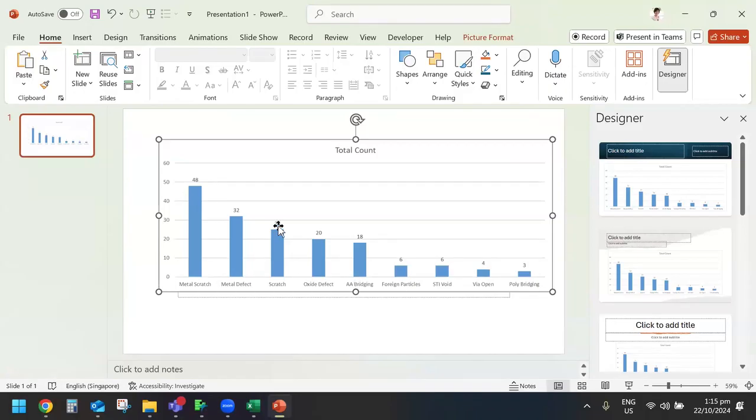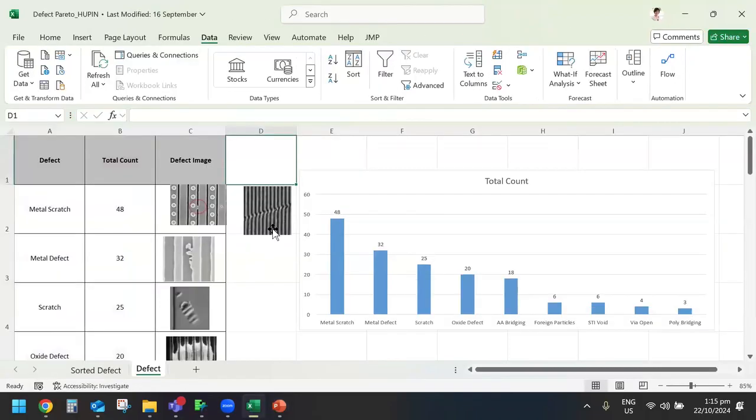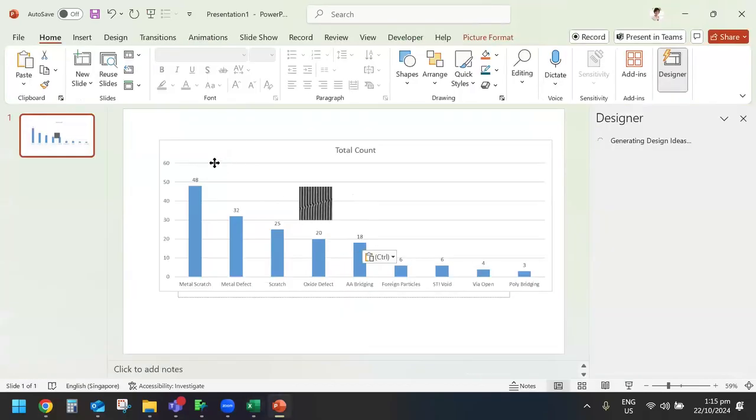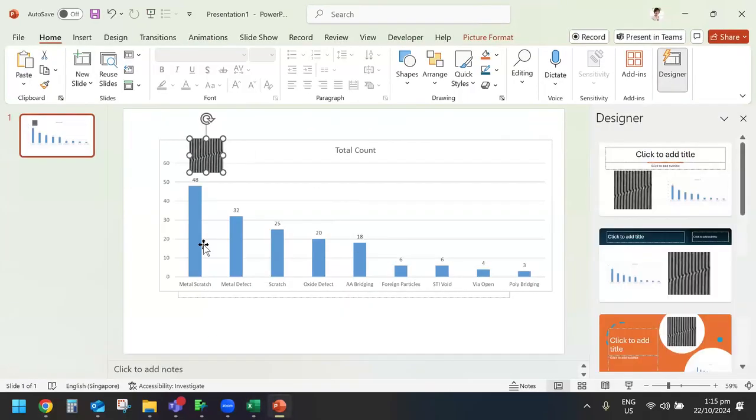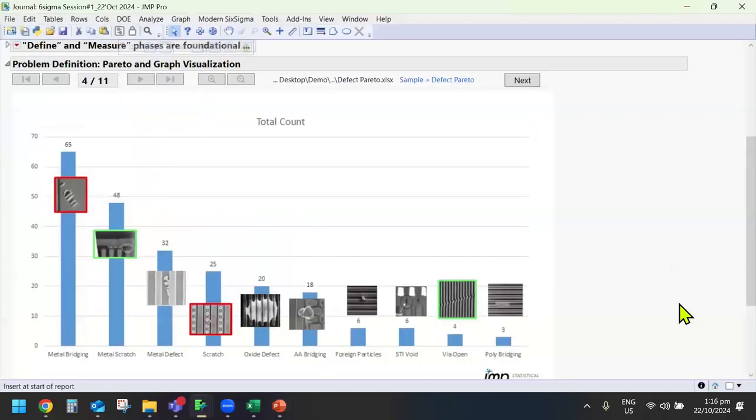I don't know which one is which. That's why I copy carefully, one by one, to match the Pareto names. I try my best to copy one by one. Right? So in the end, I will get a chart something like this.